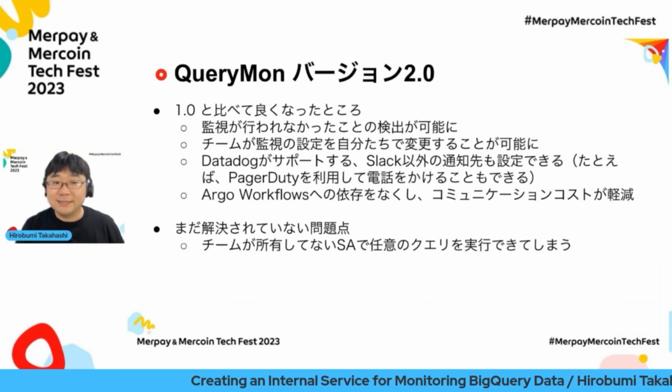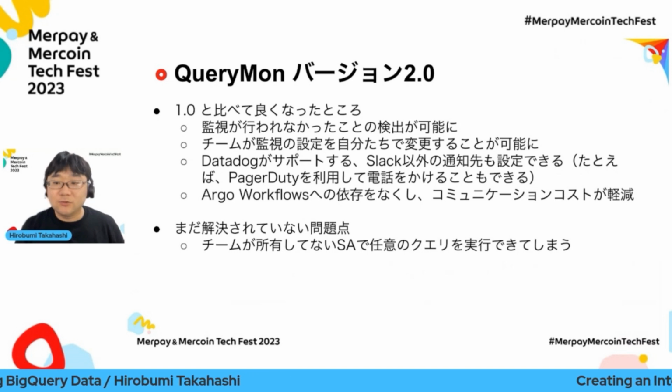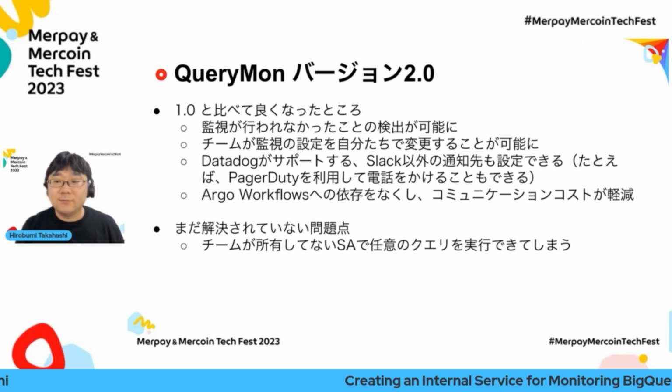And the Teams messaging Argo workflow is no longer used, so the communication cost was lower in case of troubleshooting. On the other hand, there are several issues that are not solved in 2.0.